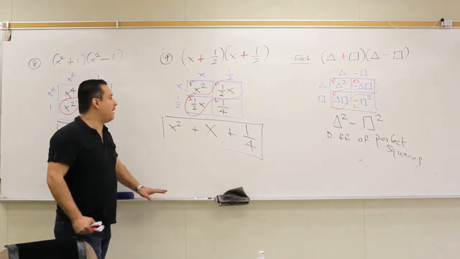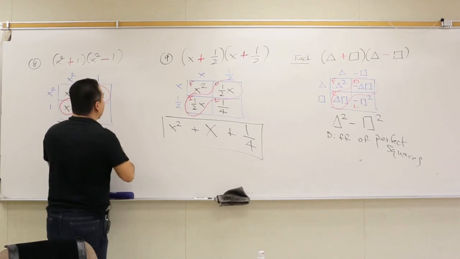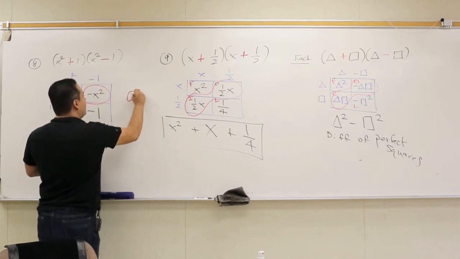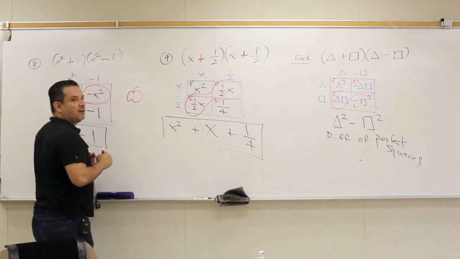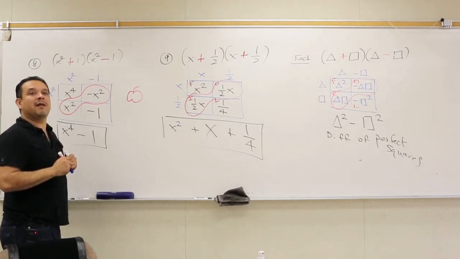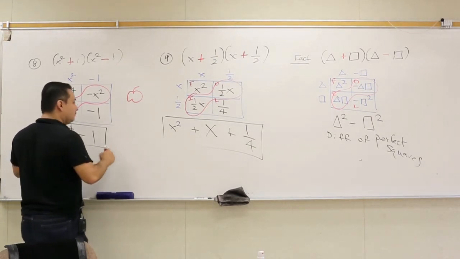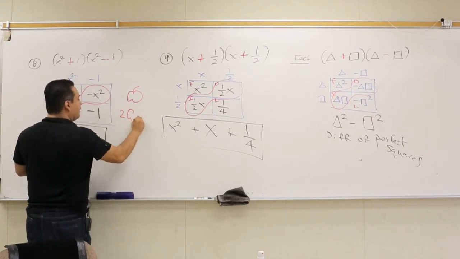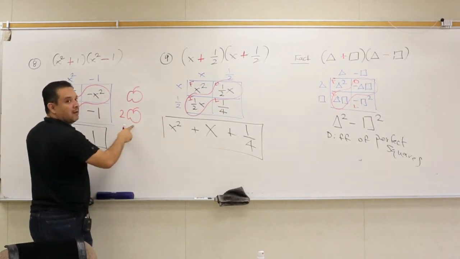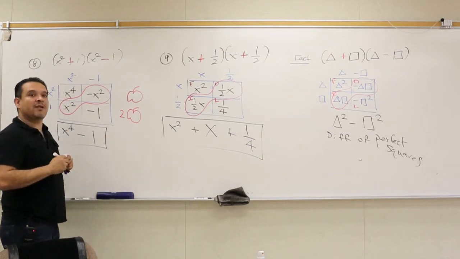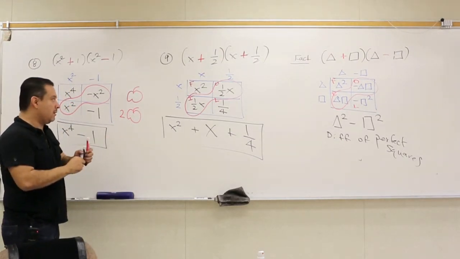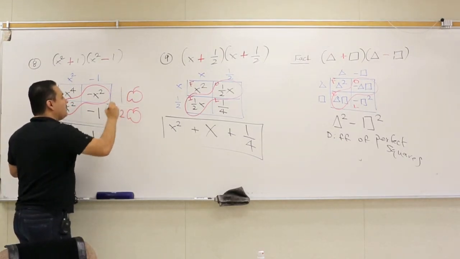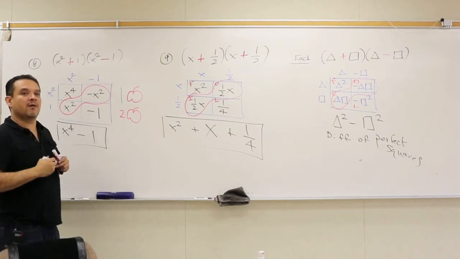It's kind of like when I say to you, what does this mean? How many? 1 apple. What does this mean? 2 what? So I can understand the desire to put a 1 here, but it's just not necessary. Are you okay with that?